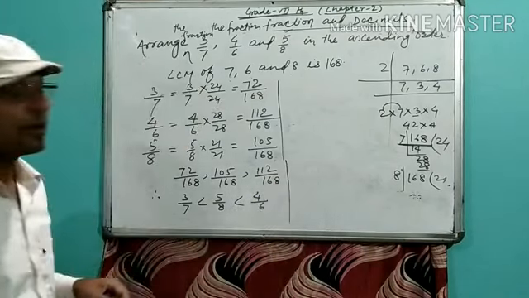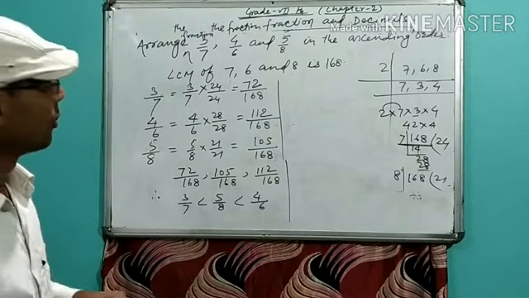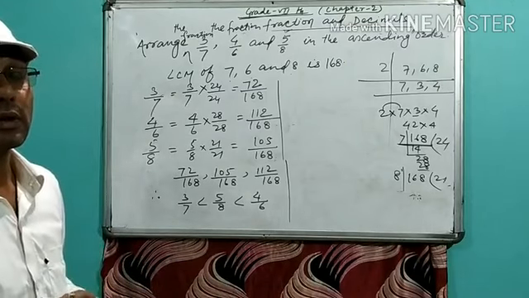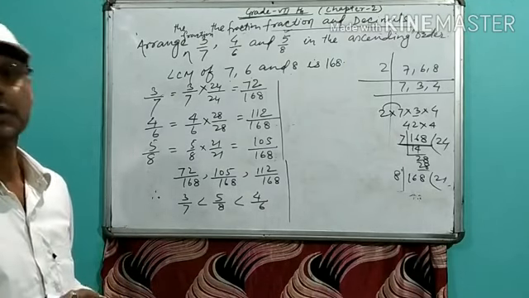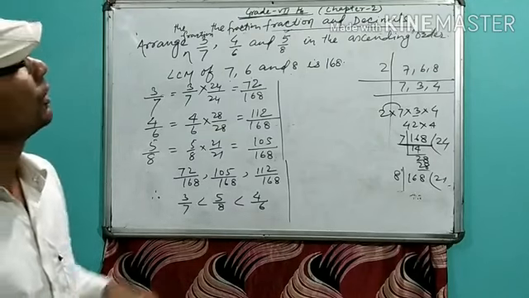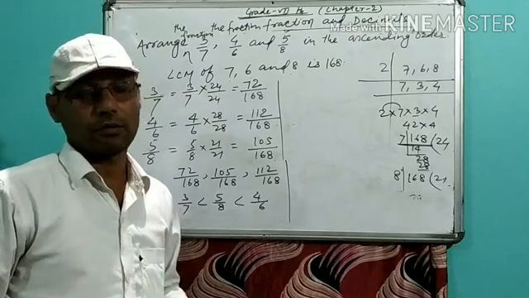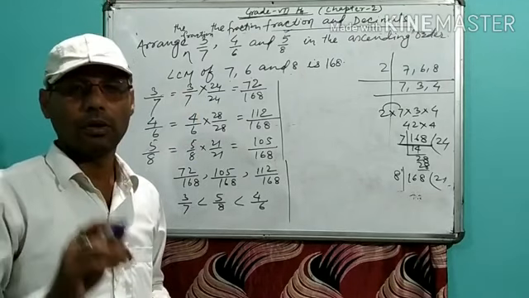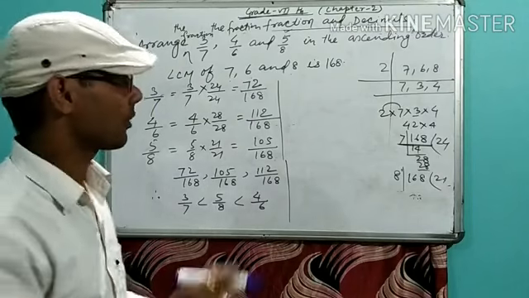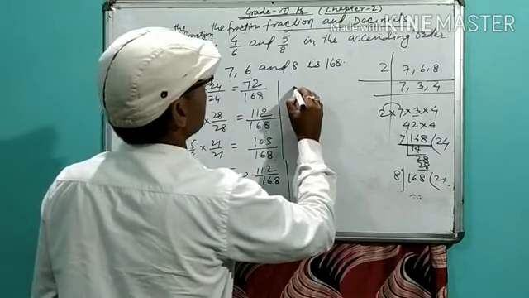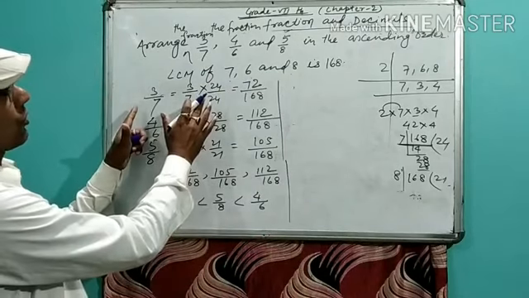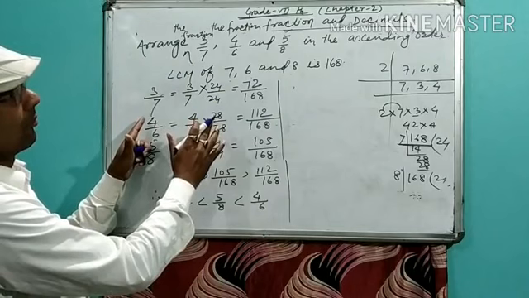If you have to write in descending order, what will you do? Greatest to the smallest. Now, in the case of fractions, you have to add, subtract, multiply. Such types of questions. You have to solve them.